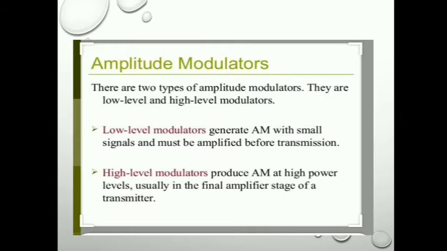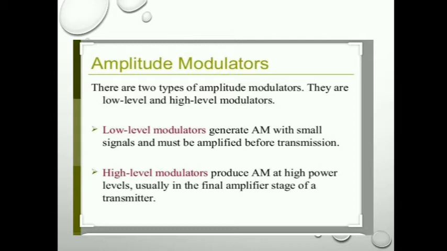Now, there are modulators, classified into two types for AM: one is the low level modulator, another one is the high level modulator. The low level modulator generates an amplitude modulated signal with small power, that is small signals, and must be amplified before transmission.